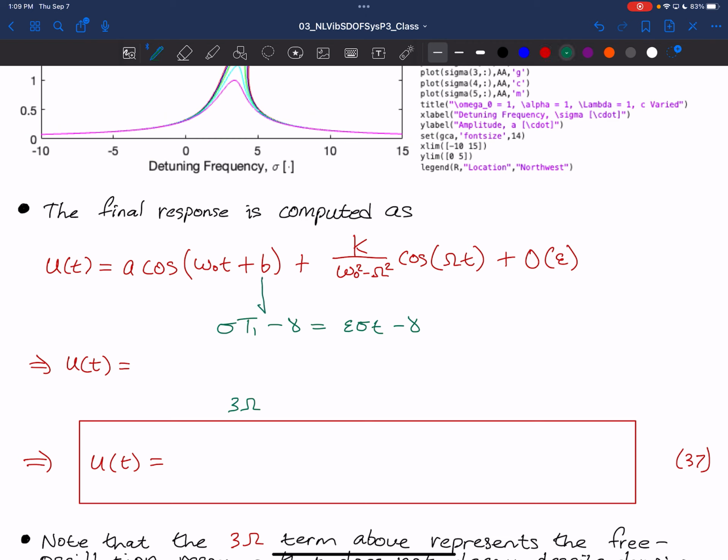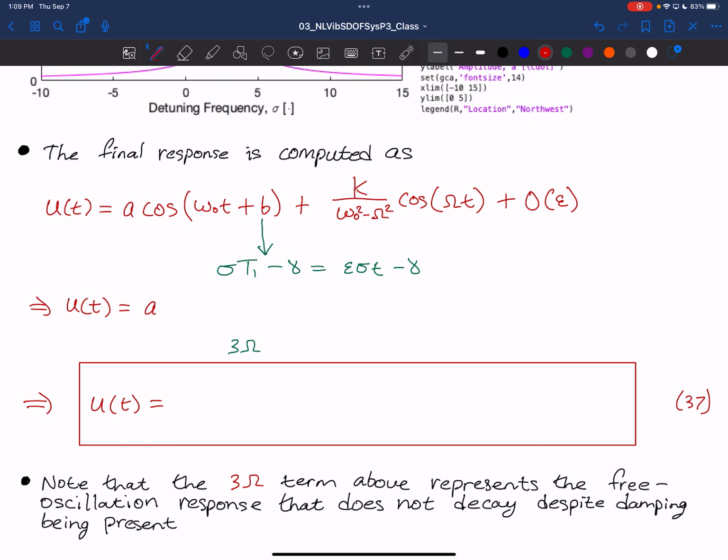So we're going to expand the B there because we just said it was sigma T1 minus gamma. And then we can substitute that in, and what we'll get is that U of t is equal to A times the cosine of the quantity omega 0 plus epsilon sigma t minus gamma plus, again, k divided by omega 0 squared minus capital omega squared times the cosine of capital omega t plus order epsilon terms.